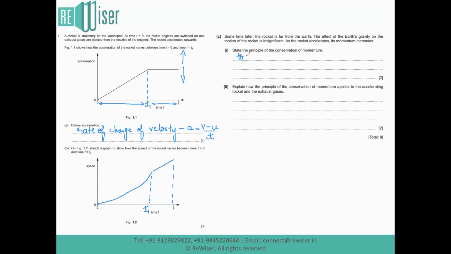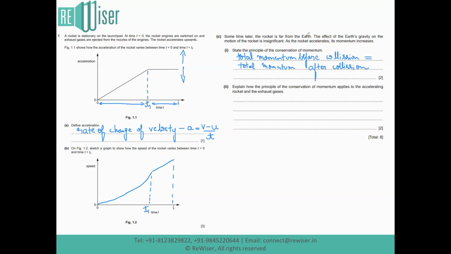It says the total momentum of a system of bodies before collision is exactly equal to the total momentum of the system of bodies after collision, provided, and this is a very important condition, provided there is no external force acting on the system of bodies.